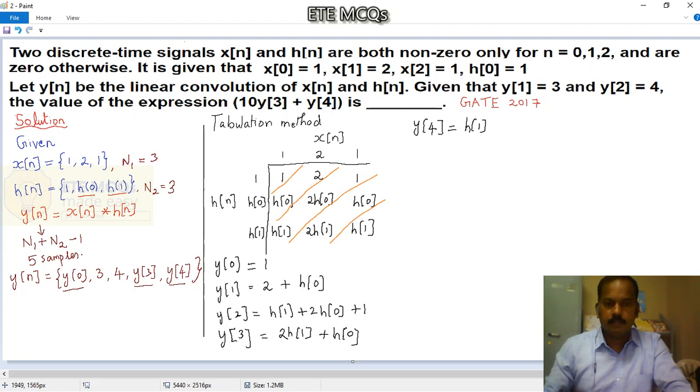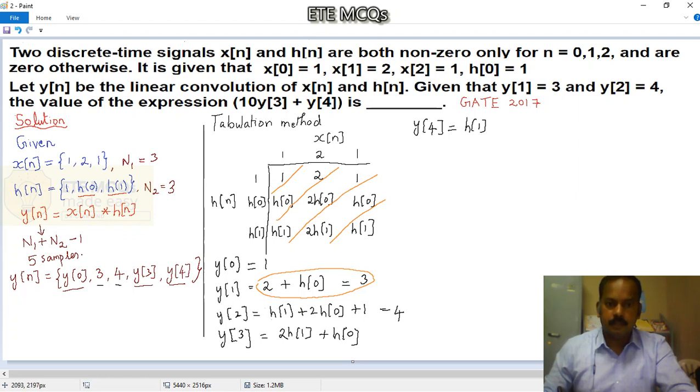Now we already know that we are given y of 1 and y of 2. So what is y of 1? Y of 1 is equal to 3, and y of 2 is equal to 4. So if I just take this part from this expression, I'll be able to find h of 0.